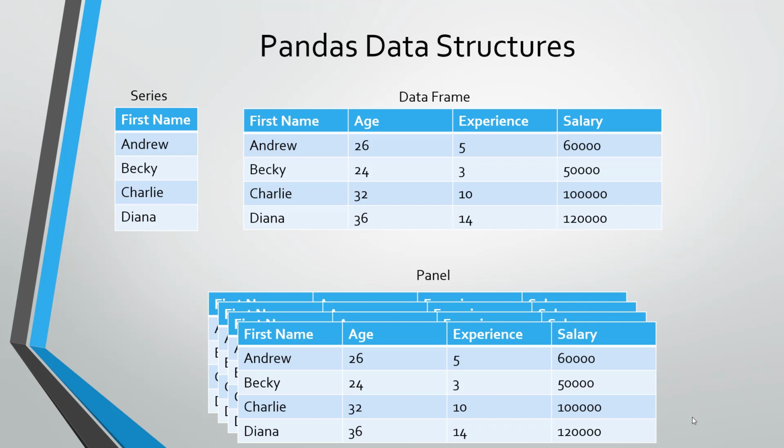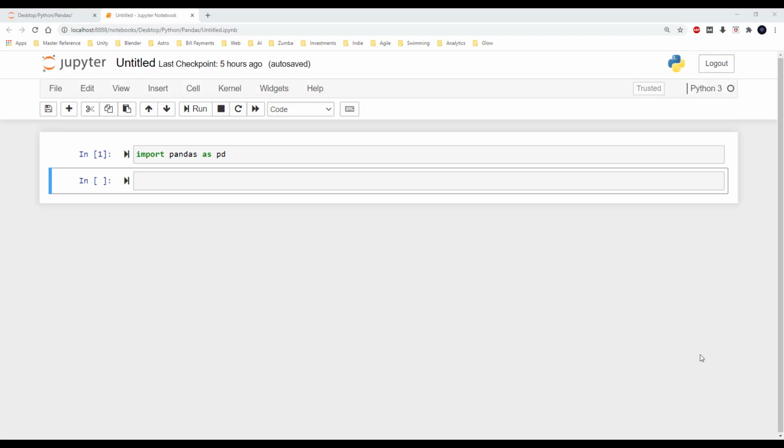In this video, we are going to check out some basic commands on Pandas series. I have opened up a Jupyter notebook and I have imported Pandas as pd. I am going to create a very simple series.